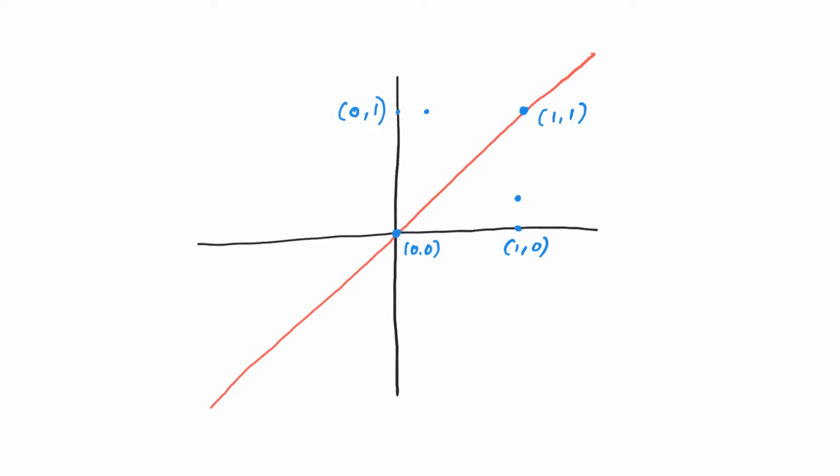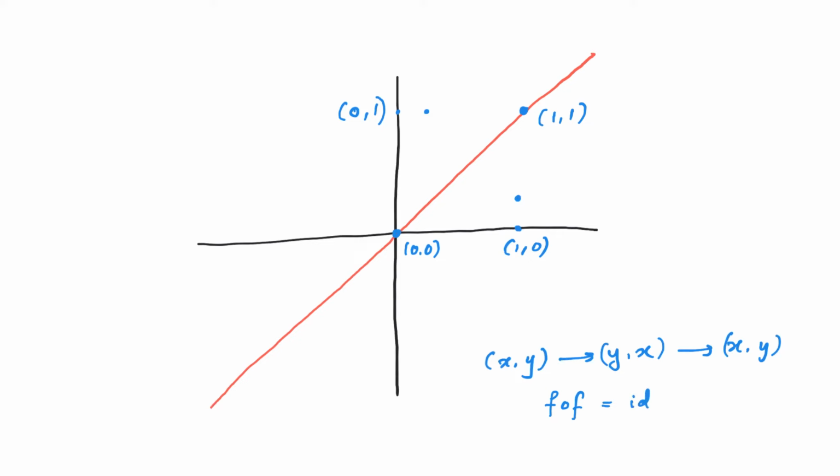So every point on the red line stays there itself. On the other hand, if you take any other point (x, y), it first gets mapped to (y, x), and then it again gets mapped to (x, y). So what do we see from here? F composed with F is the identity map.